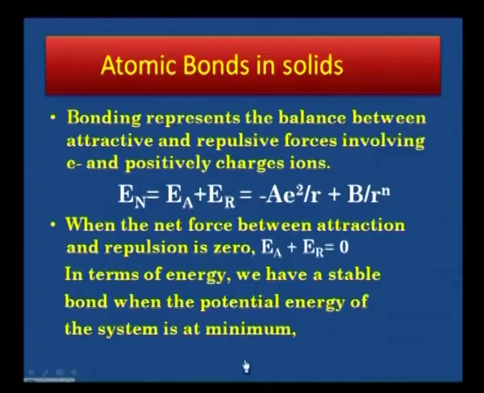With regard to force we have r square, and with regard to potential you have r for the attractive part, which comes from Coulomb's law. Whereas this repulsive part comes from quantum mechanics, through the Pauli principle. So this n, the so-called repulsive exponent, will assume unusual values.